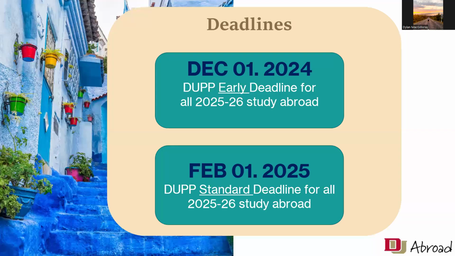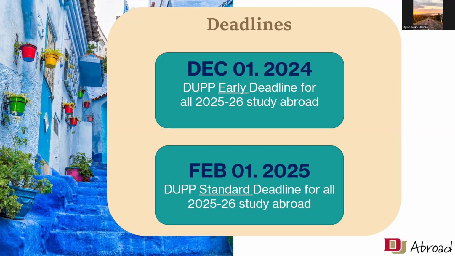Okay, so deadlines. December 1st is what we consider the early deadline for all 25-26 study abroad. What this means is that if a program is listed as a medium or limited chance of acceptance, we really encourage you to do the early deadline. This just ensures that you have the highest chance of getting into your program. But honestly, for everybody, I think it's a really good idea to look at applying by that early deadline.